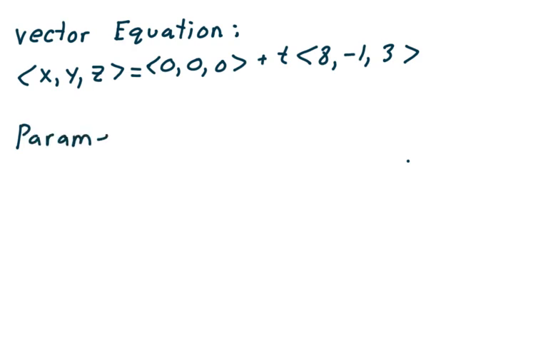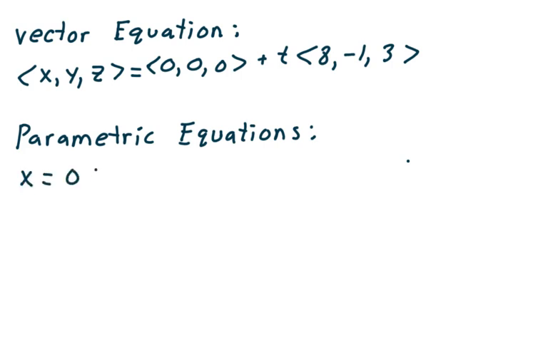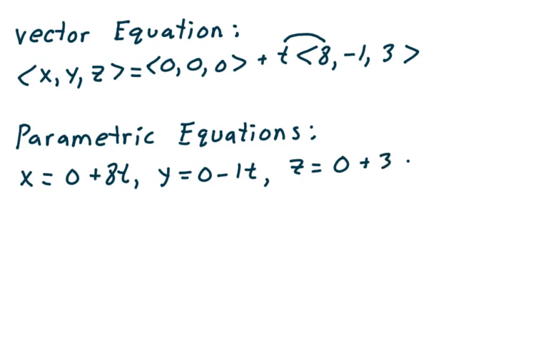What about the parametric equations? All I have to do there is equate components. So x is 0 plus 8t. y equals 0 minus 1t, and z equals 0 plus 3t.